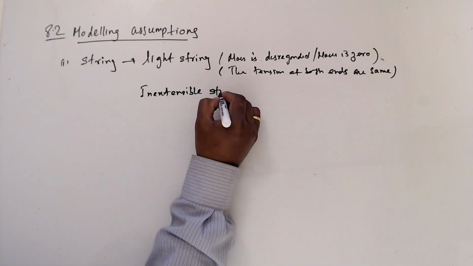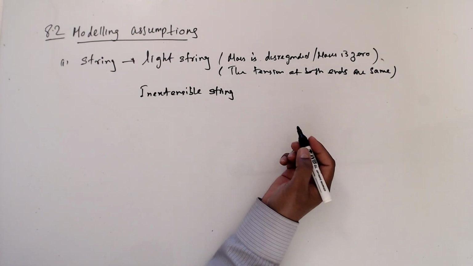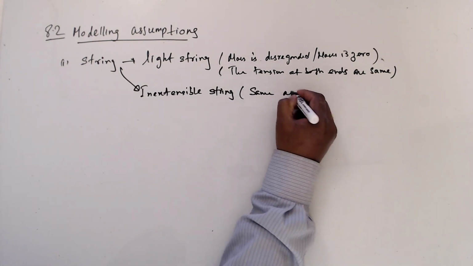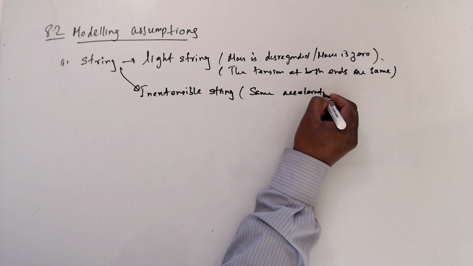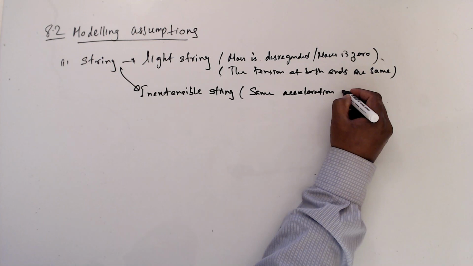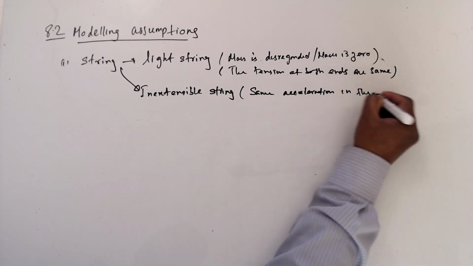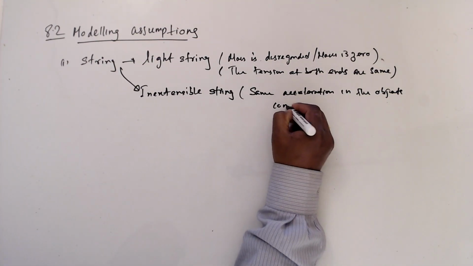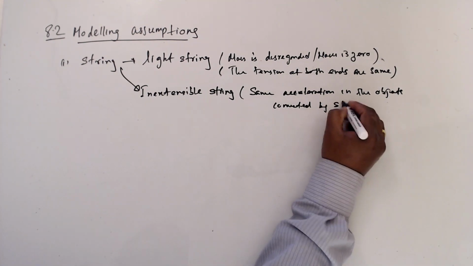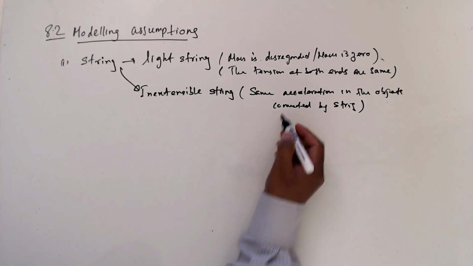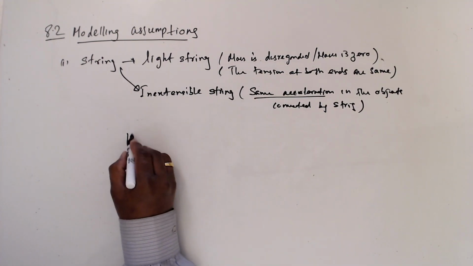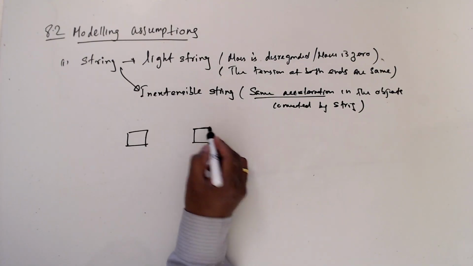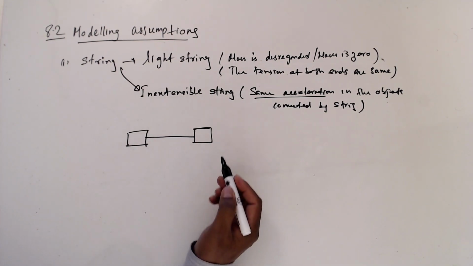The other word is inextensible string. It's not elastic. So the assumption here is the same acceleration in the objects connected by it. Assume two masses, M and M, connected by a string.